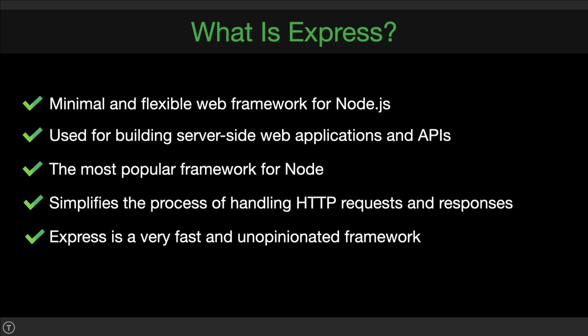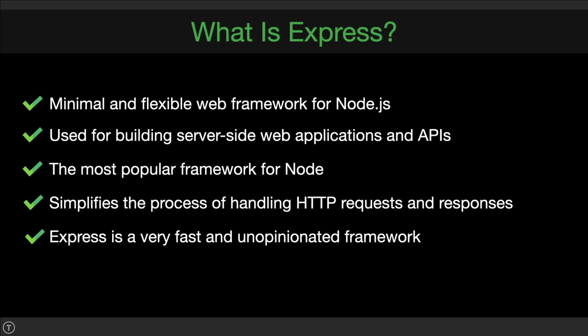In fact, I would say it's the framework for Node.js. There are others. I'd say there's even frameworks that are more powerful, but Express has really established itself as the go-to framework for Node.js. And it's used by huge companies like IBM, Uber, Nike, and a bunch of others. It's also a really popular option for smaller projects and startups. So Express simplifies the process of handling HTTP requests.